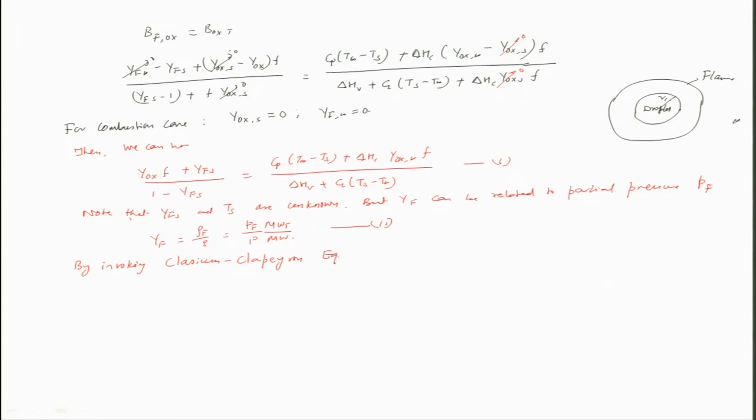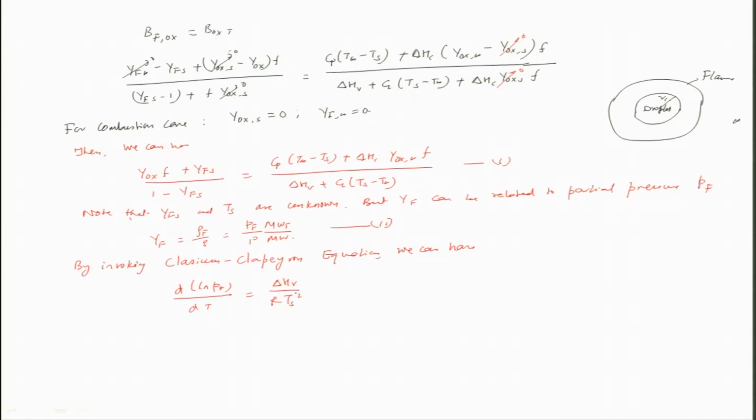We can have d ln Pf by dT equal to delta Hv by R Ts square.